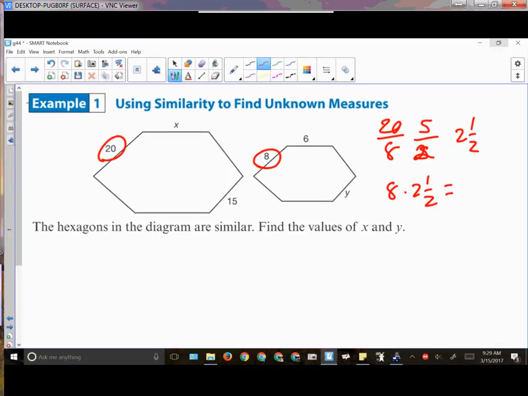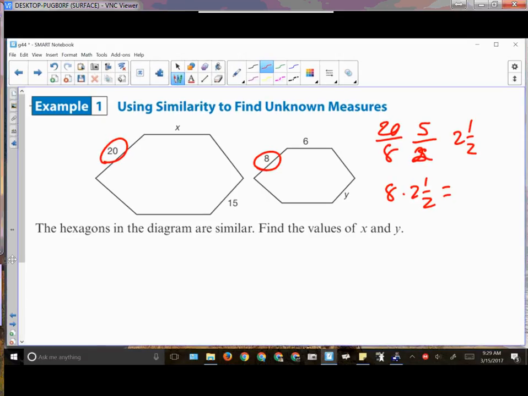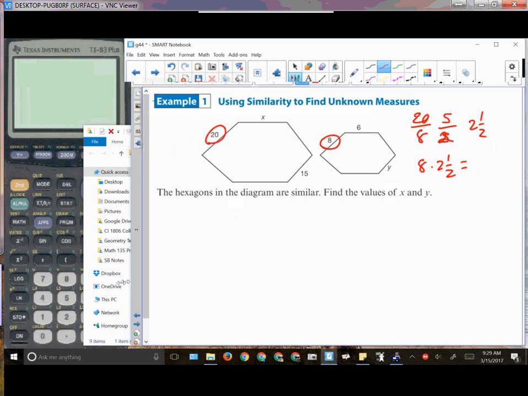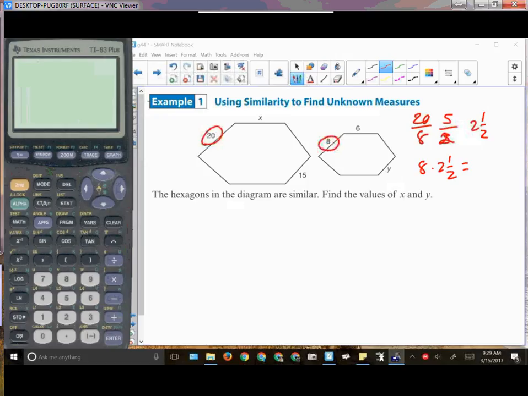According to what I was told. So, let's see here, get this moved over. Calculator on, so I take 8, multiply it by 2.5, and I end up with 20. Cool.